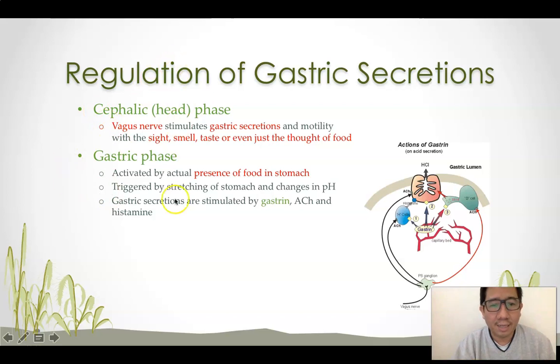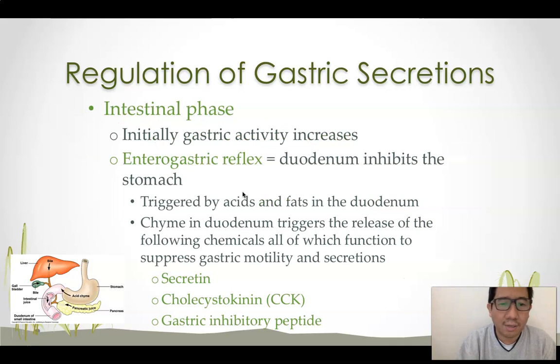Okay, so the presence of food inside your stomach is when your stomach starts to stretch out, and that's when you start to stimulate other hormones like gastrin, acetylcholine, and histamine. The last phase is the intestinal phase, which is now moving from your stomach into your small intestine.